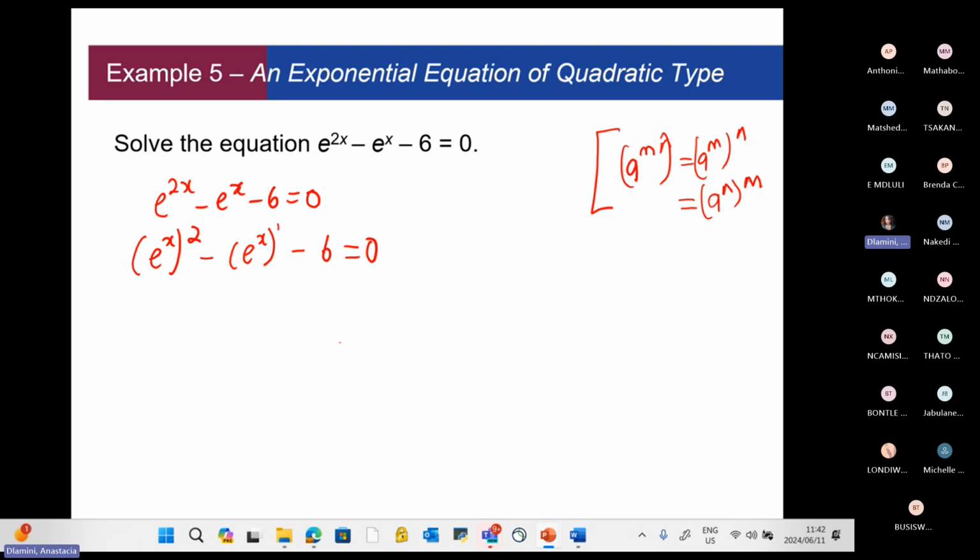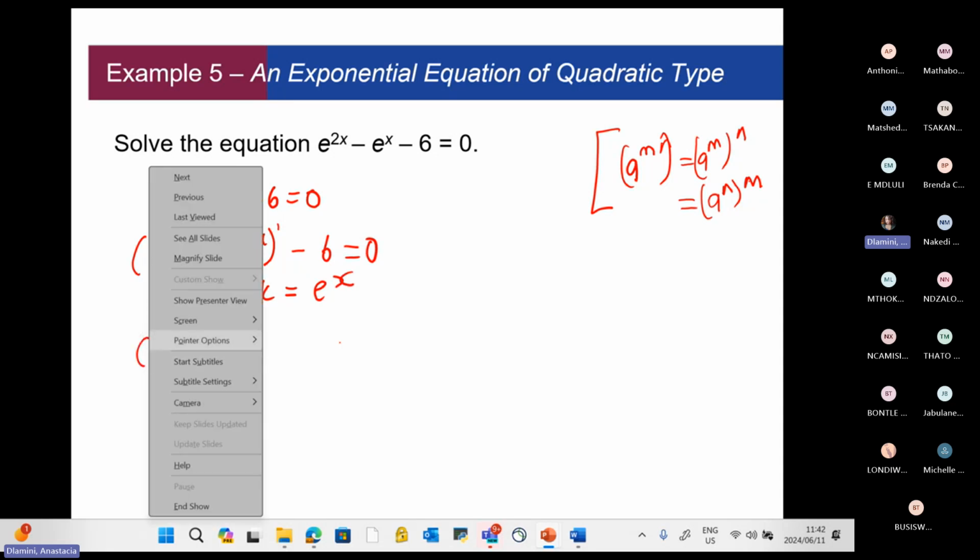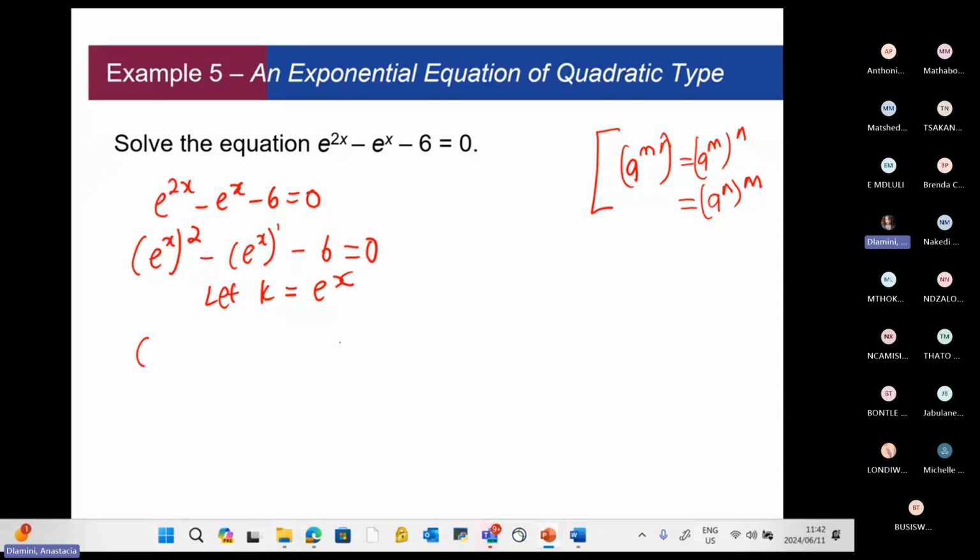Guys, is it clear or not clear? It is clear, ma'am. As she said, you can say let x equal e to the power of x, or because she said k method, let's use k. So you say let k equal e to the power of x.